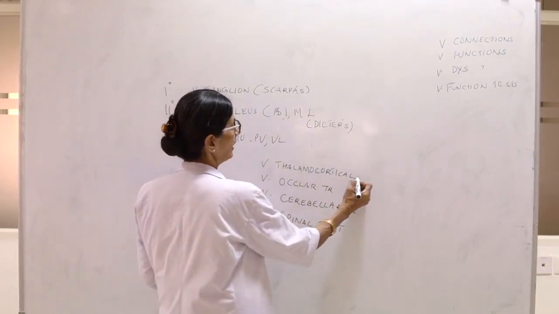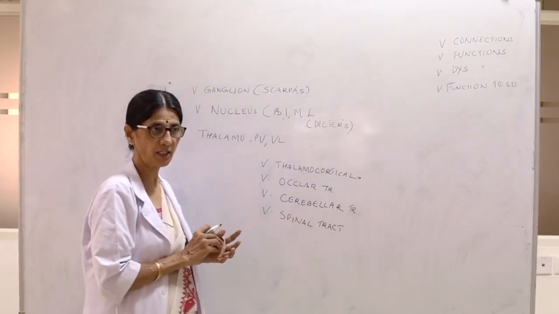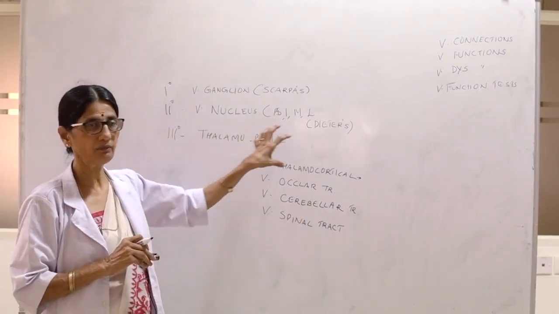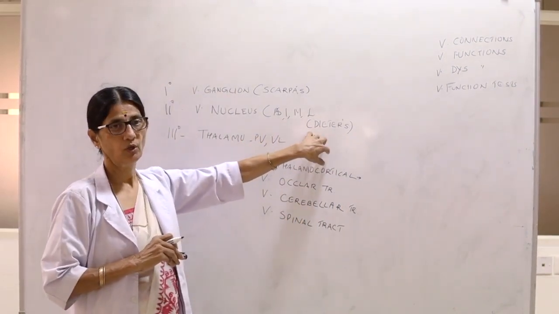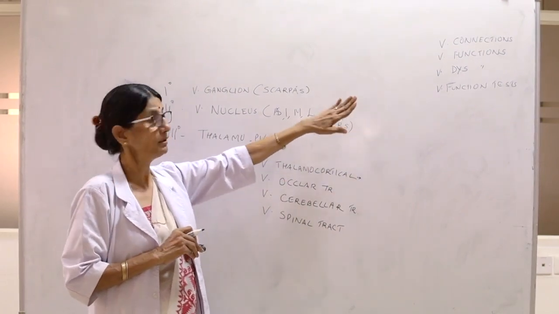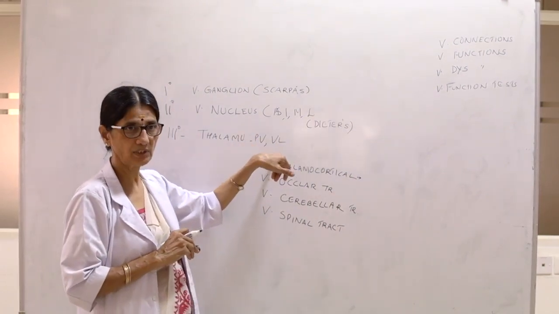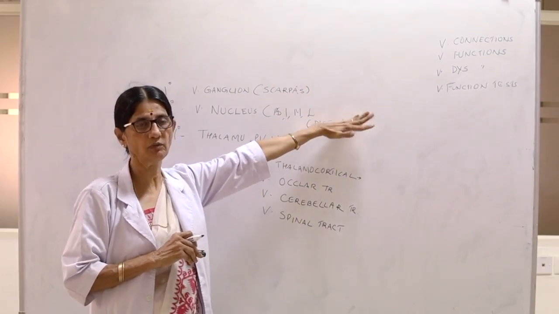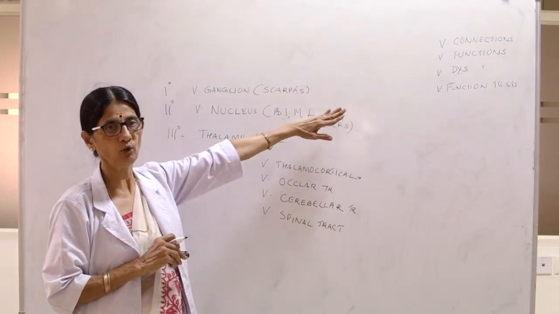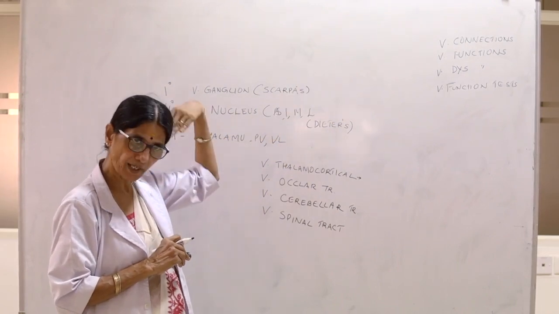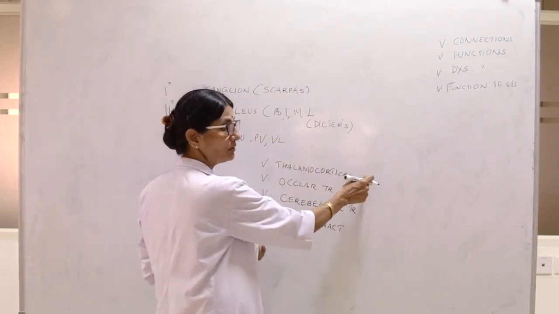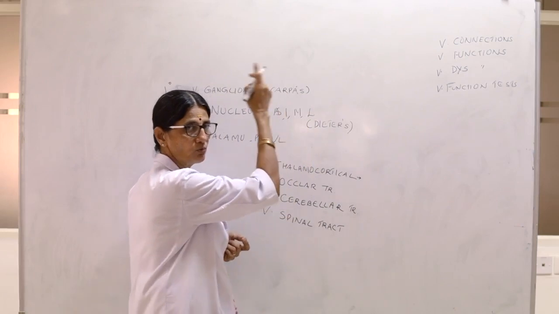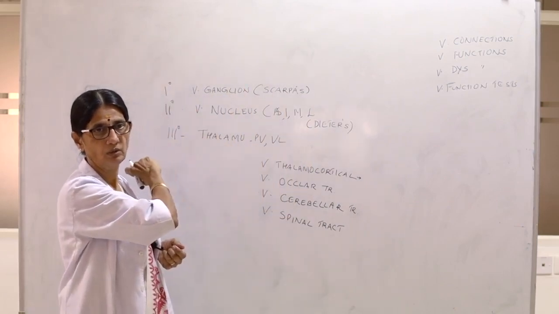Coming to the vestibulothalamocortical tract, these are fibers from the vestibular nucleus going to the posteroventral and ventrolateral nucleus of the thalamus. From there it is projected to the cortex. Which area of the cortex? It is the temporal lobe, from the thalamus again going to the opposite temporal lobe.